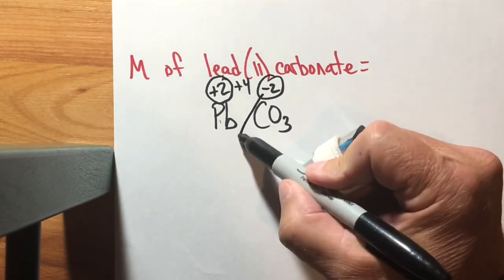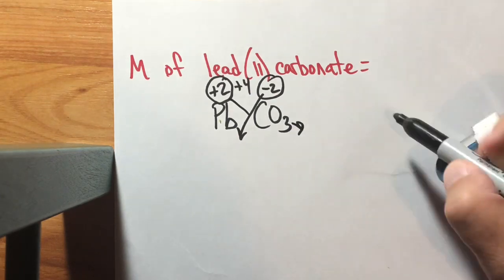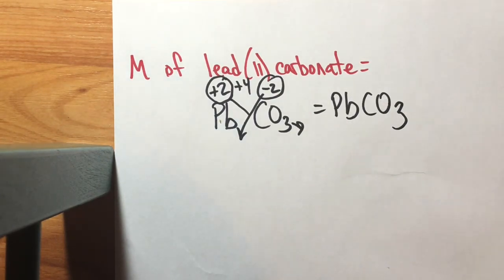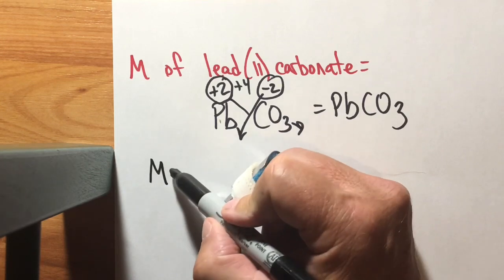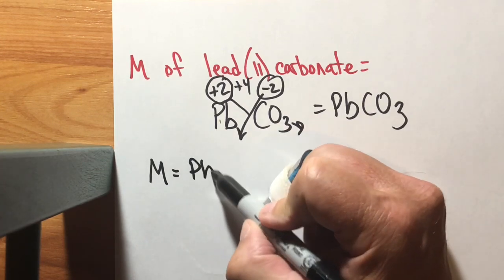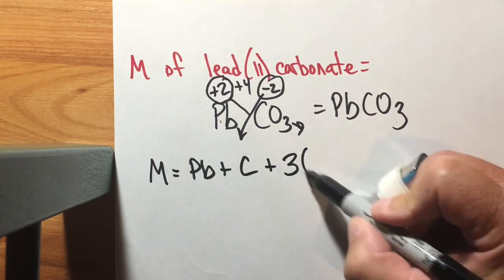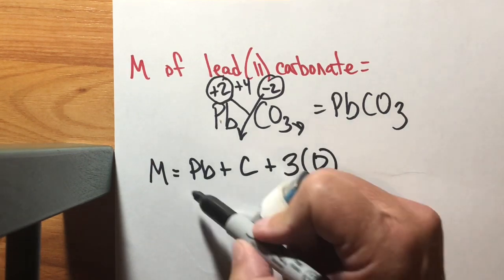When we crisscross, we would get PbCO3. Now, once you get that, then molar mass should be no problem at all. So to figure out the molar mass, I need a lead, carbon, and I need 3 oxygens to make up this compound.